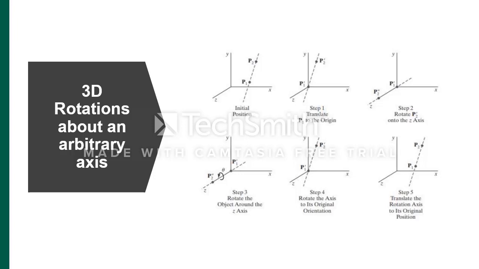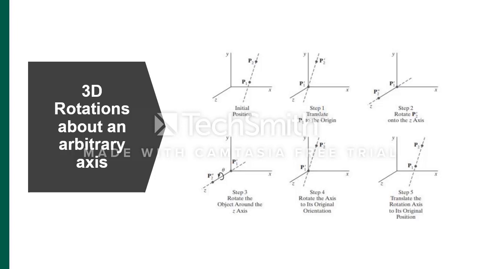In step 2, we are going to rotate p2 on the z-axis, so that it lies on one of the planes. In order to perform the rotation, after it goes through an axis, we perform the rotation over the z-axis here.